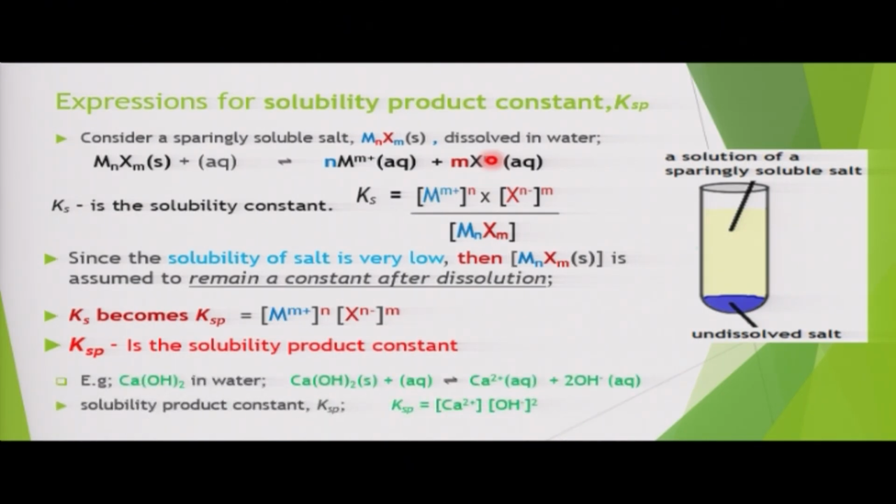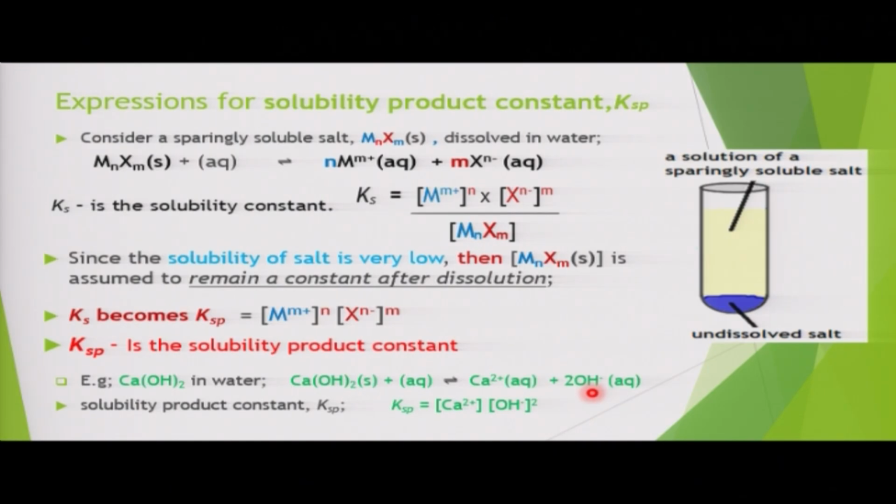Let's take a quick illustration with calcium hydroxide for you to understand the whole concept when we are talking of the expression. Look at calcium hydroxide. When it ionizes, because it is a sparingly soluble salt, it sets free the calcium ions and the OH ions. And you see the mole ratio: when it ionizes, it releases 2 OH ions.